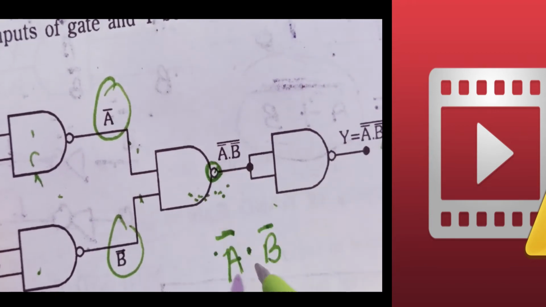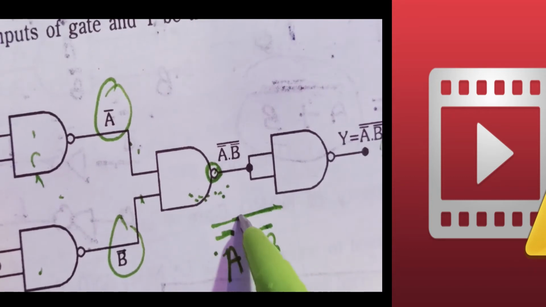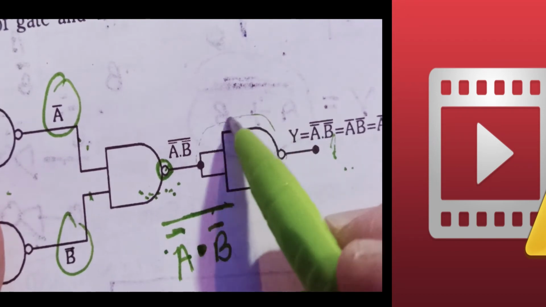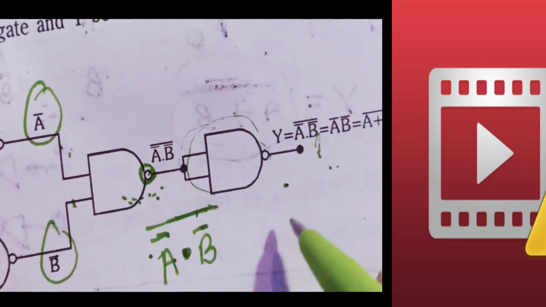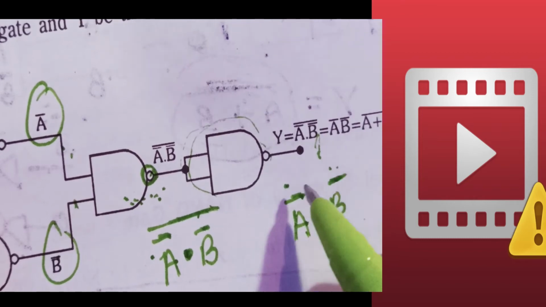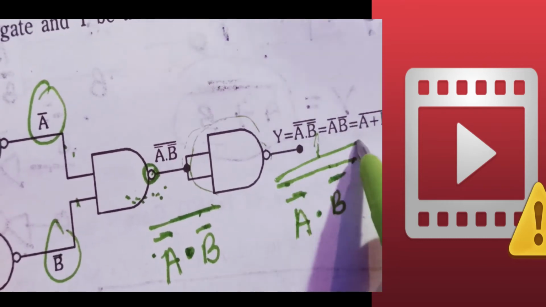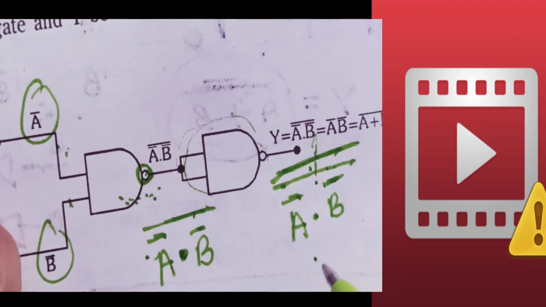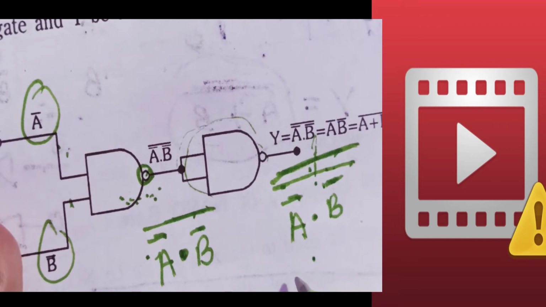And this is NAND, meaning dot and bar. After that, there is again a NOT gate. So here the output will be A, B, bar and again bar. And the two bars cancel. Okay. And what are we left with?